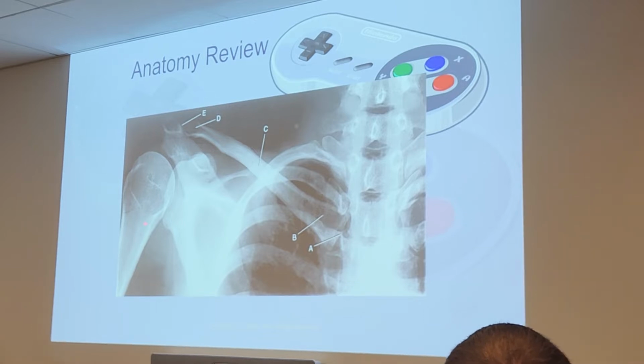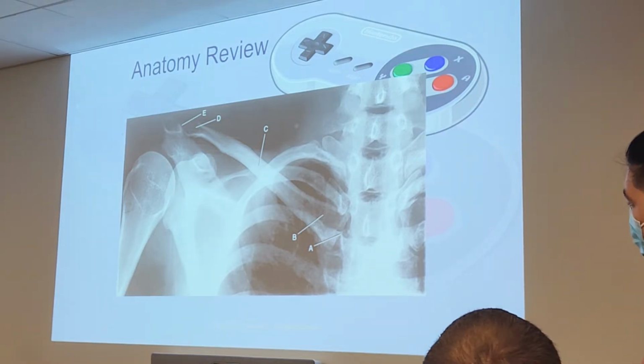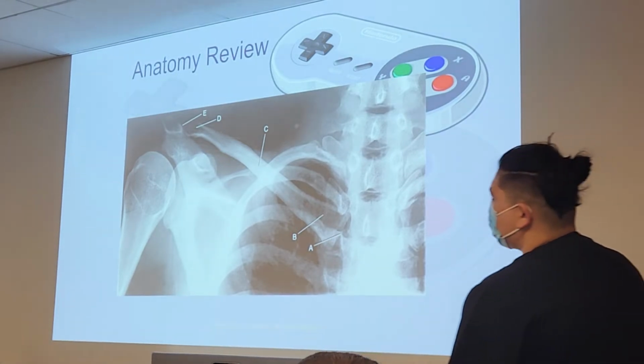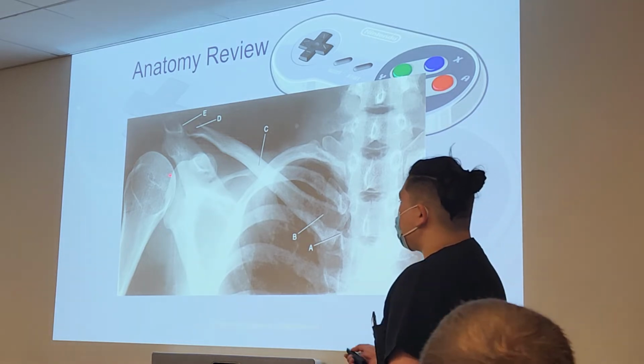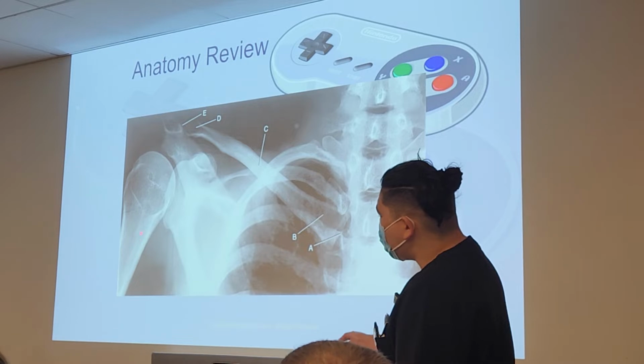Here is the lesser tubercle, and then this would be the intertubercular groove? No, it would actually be higher up. So what's this line then? That looks like it would match up with the lesser tubercle.